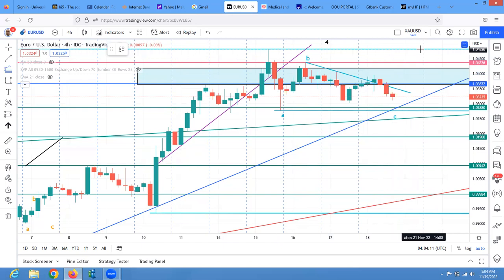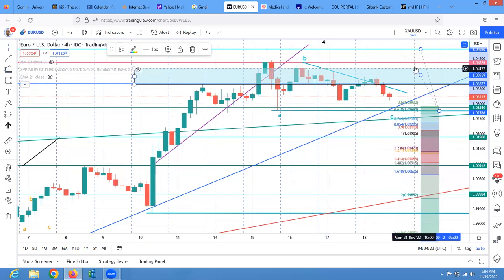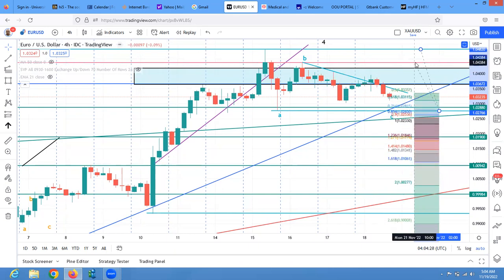So if you wanted 100 to the downside, from the origin of A to the end of A, then back to the end of B. In this case, this is where B is. Yeah.